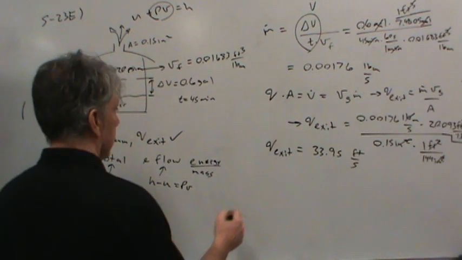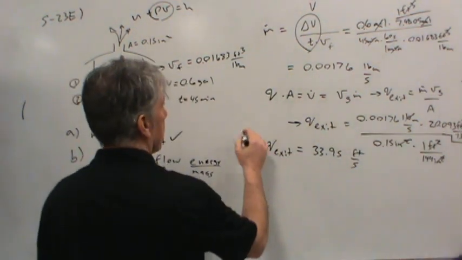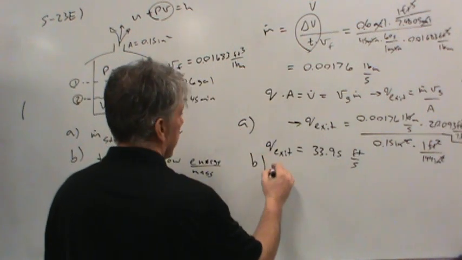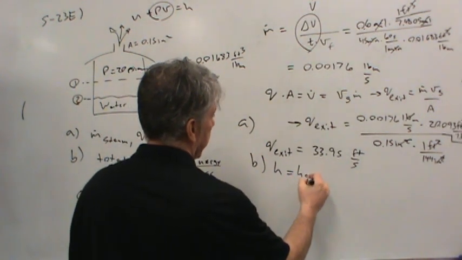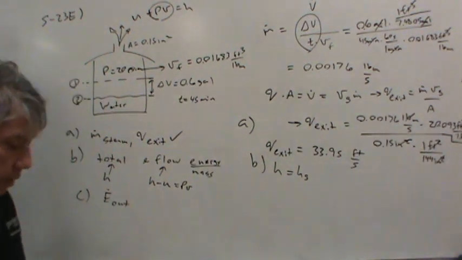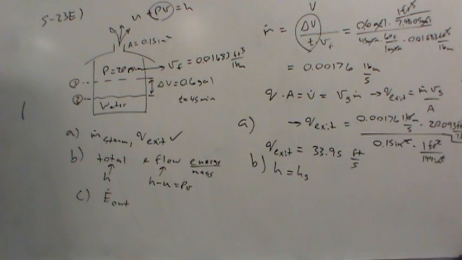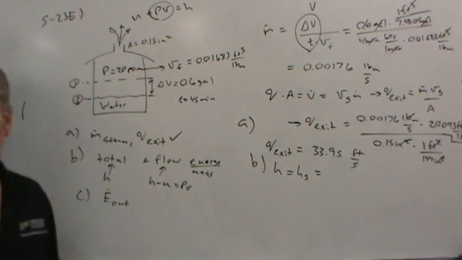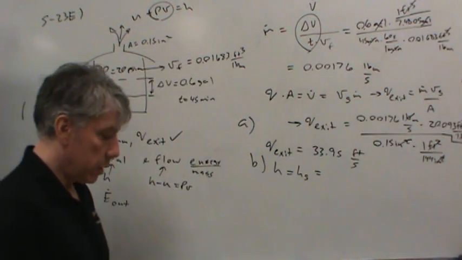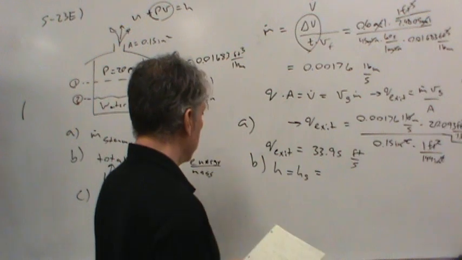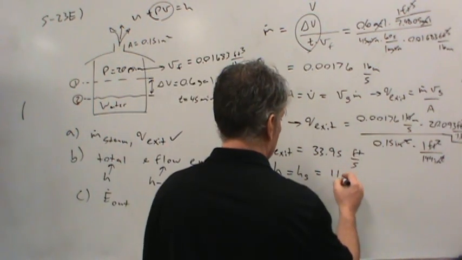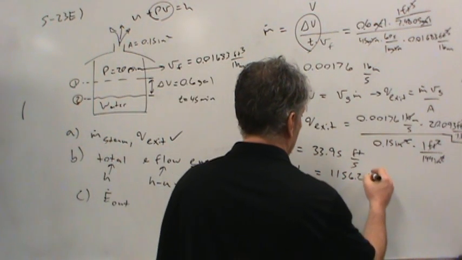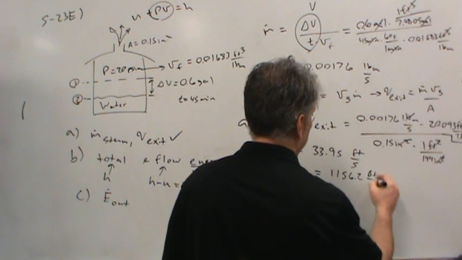Well, the total enthalpy, so this is part B. The total enthalpy would just be Hg, right? That's all it is. So all we have to do is look up the enthalpy of saturated vapor at 20 psi. What's that? 1,156.2. And those would be BTUs per pound.